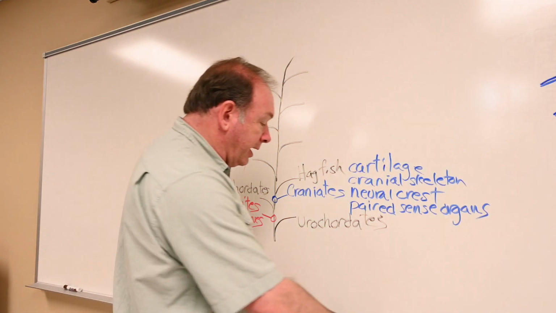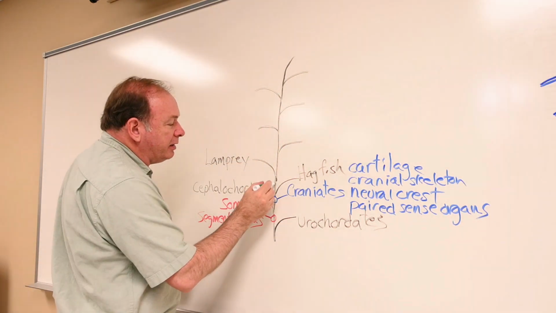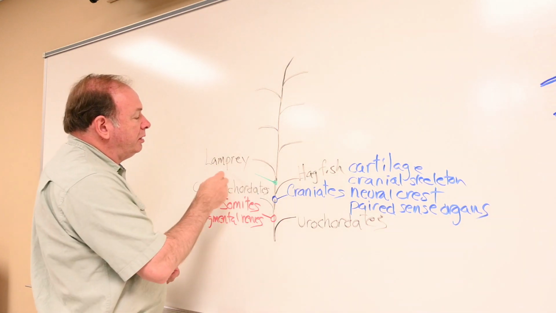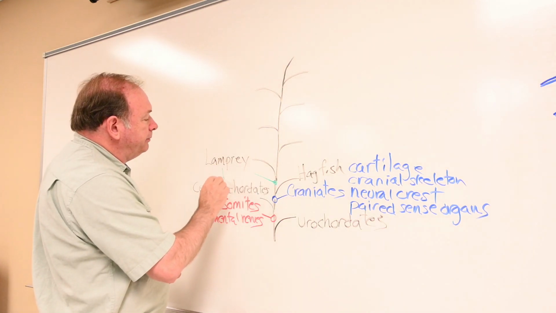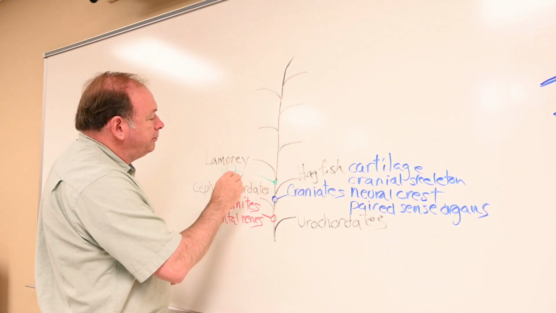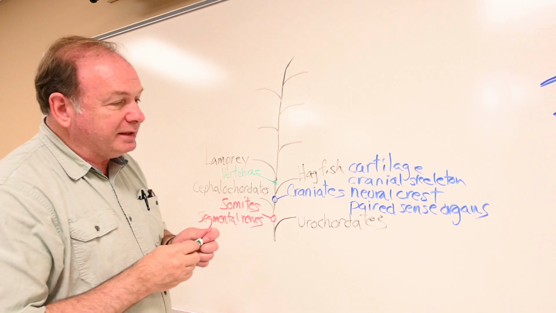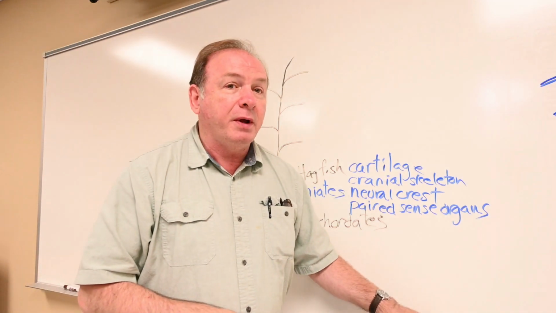And for our lamprey, this is the first time right here where we're going to see the feature of vertebrae. So the first evidences of vertebrae come there with the lamprey.